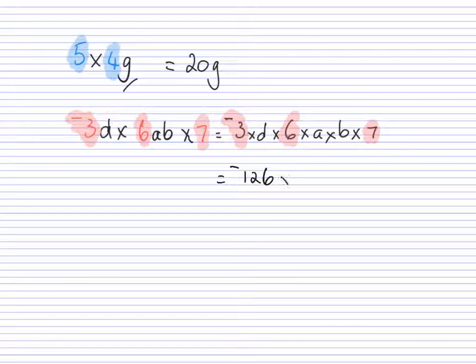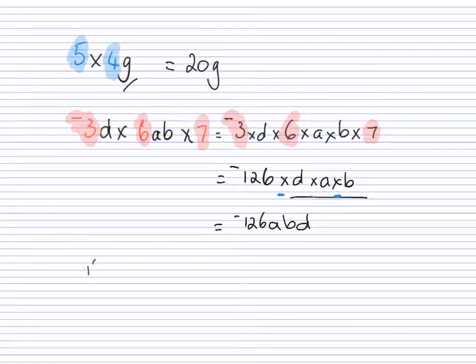Okay, and then if I expand it out, we're adding our letters, but this is not in the correct order, so it should actually be -126. We're going to omit our multiplication signs as well. We're going to put everything back in alphabetical order, so it would be a, b, d. And that's our answer.